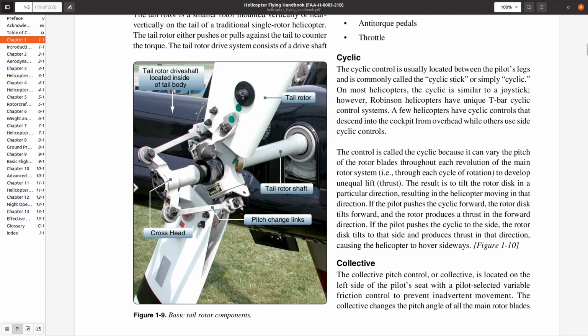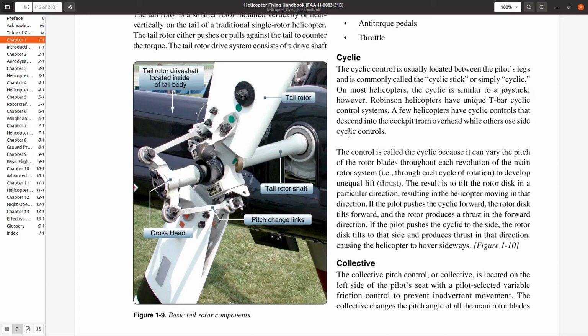So as I push the pedals, it's going to increase or decrease the thrust from this tail rotor. So this tail rotor is attached to the left side of the tail. So if I have thrust, it pushes the tail to the right, and the nose goes to the left.